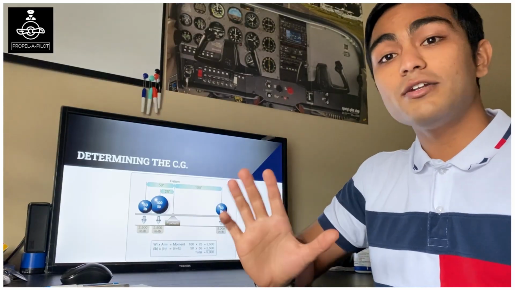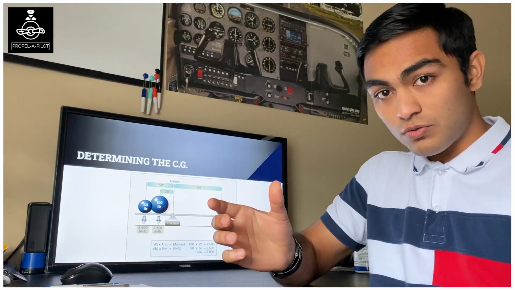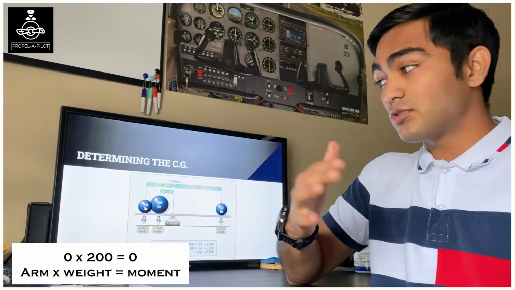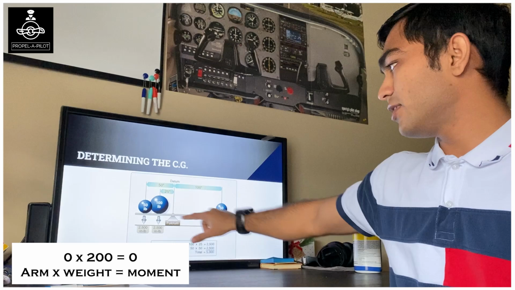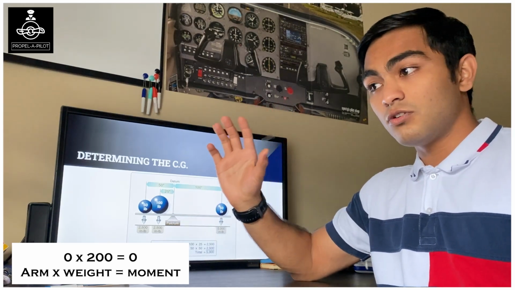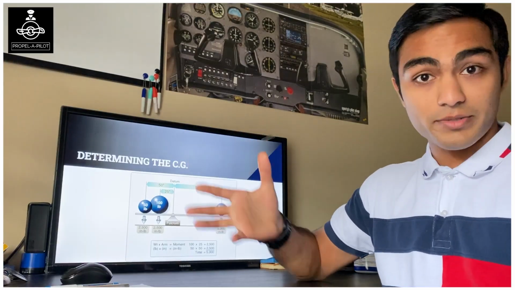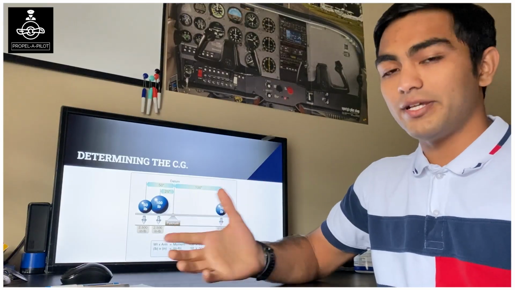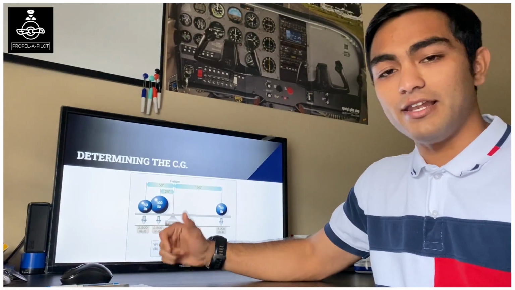Hence, the moment of the whole system is 0, because the CG arm of 0 times the weight of the whole system, which would be 50, 50, 100, 200 pounds. Arm times 200 pounds equals moment. Arm is 0, hence the whole moment of the system is 0, which makes sense because the system is balanced.